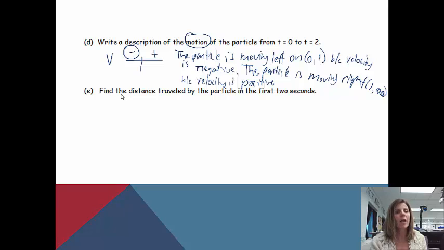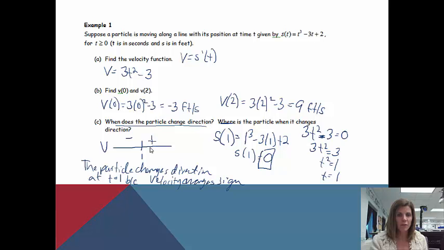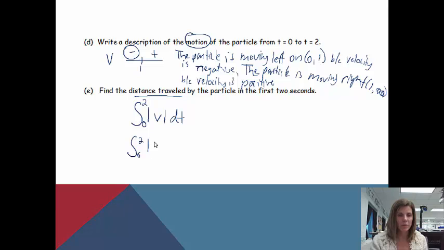Okay, this last part says to find the distance traveled by the particle in the first 2 seconds. We learned in just a couple slides ago that distance is equal to the integral of the absolute value of velocity. It was the first 2 seconds, so it will go from 0 to 2. My velocity formula was 3t squared minus 3.